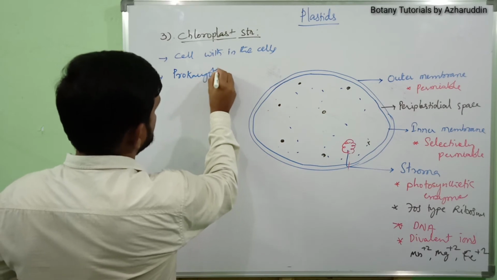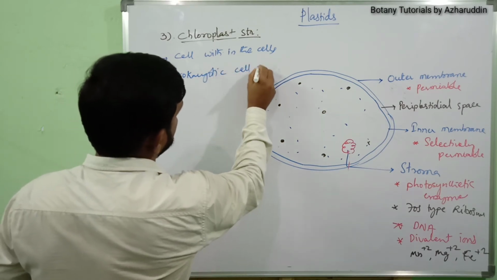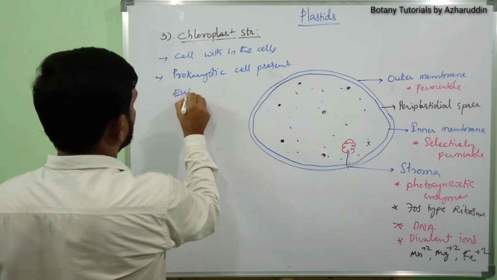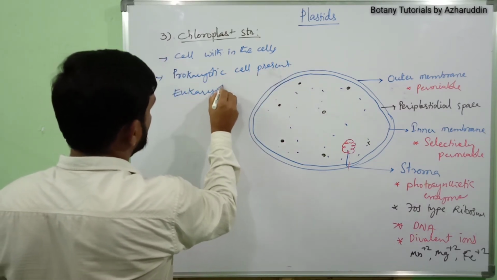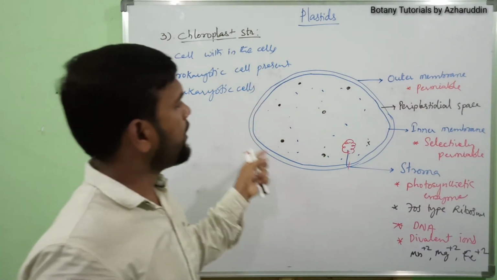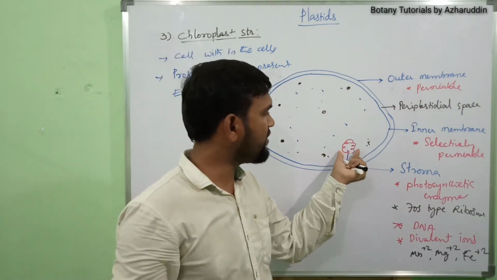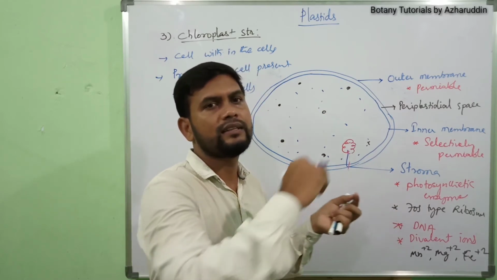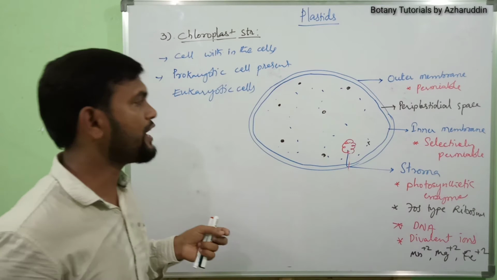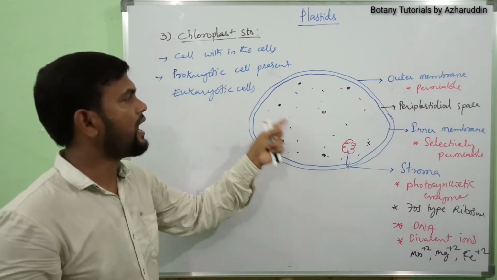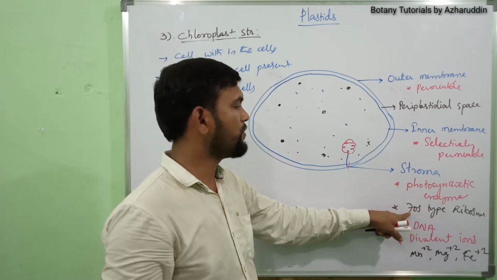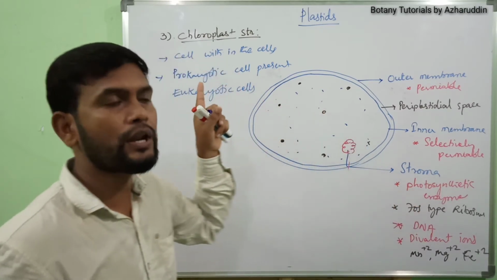A prokaryotic cell present in a eukaryotic cell. That means it has a self-replicating DNA that replicates itself, and it helps in cytoplasmic inheritance, and it also has 70S type ribosomes, which are also found in prokaryotic cells.